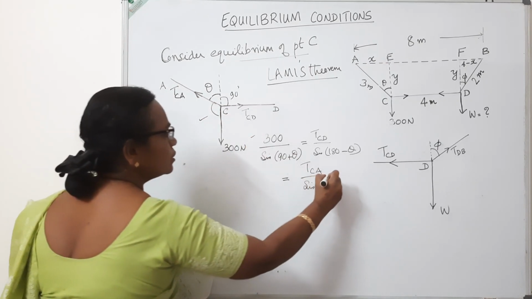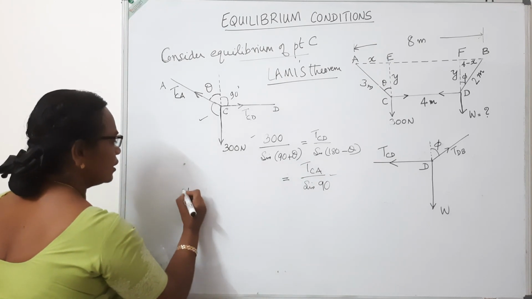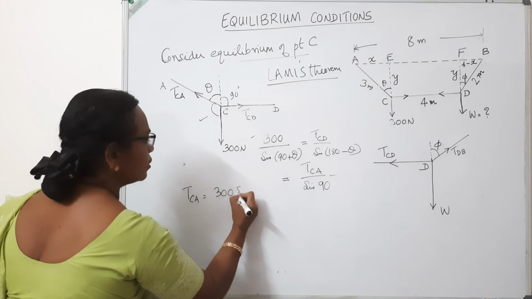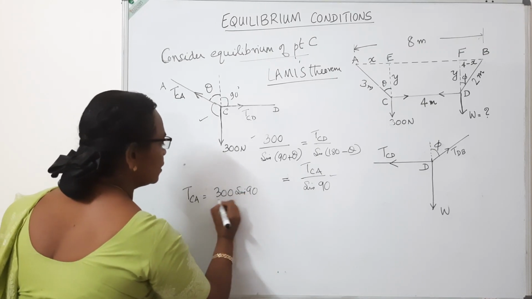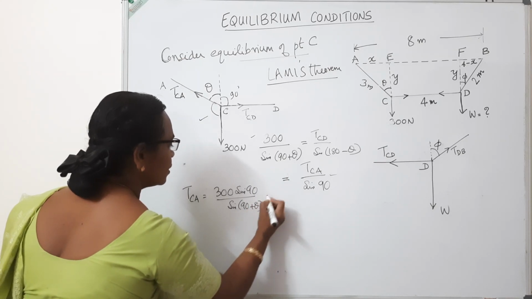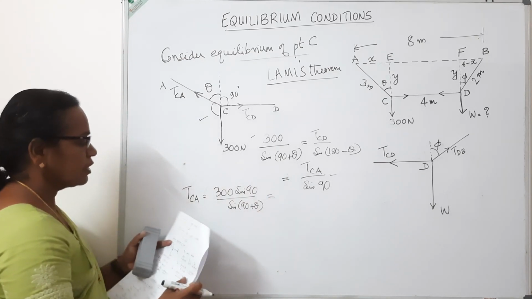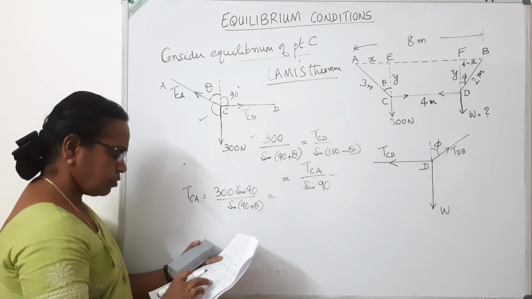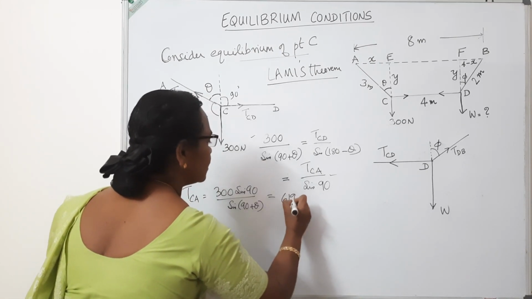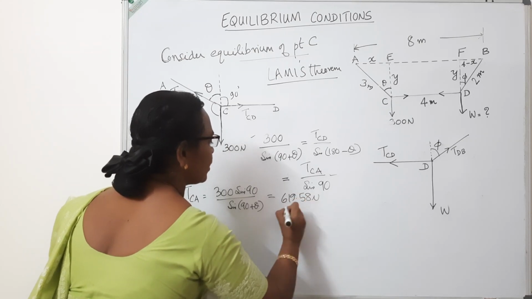Consider the first and this: we get TCA is equal to 300 sine 90 divided by sine 90 plus theta. Theta is known to us, so it works out to 619.58 Newton, the same answer as earlier.